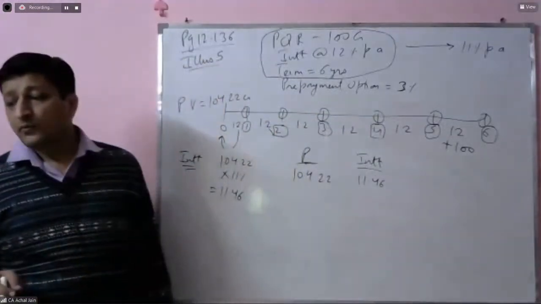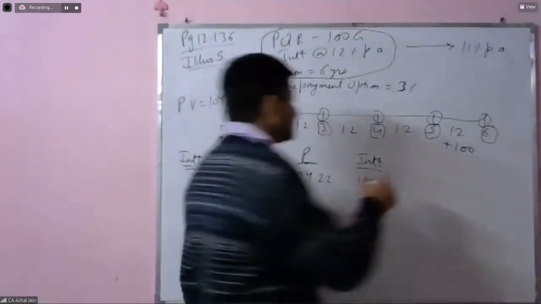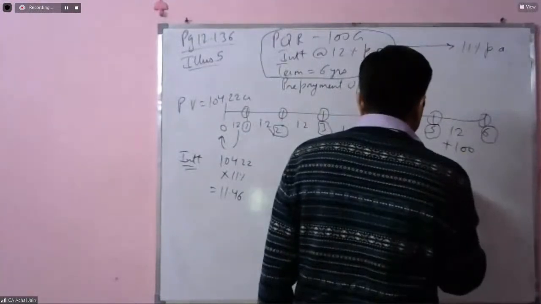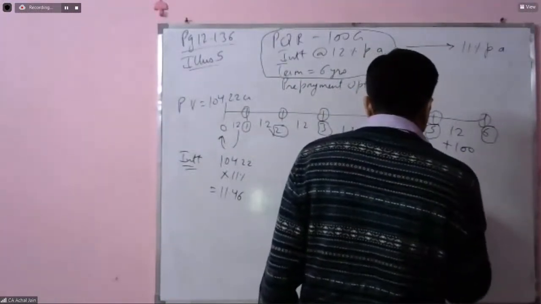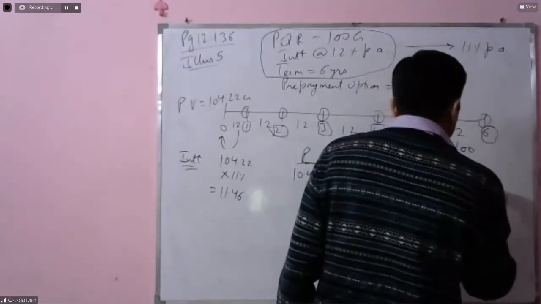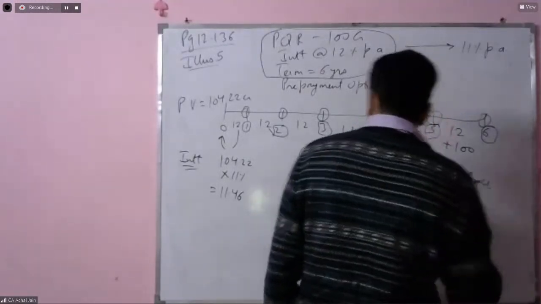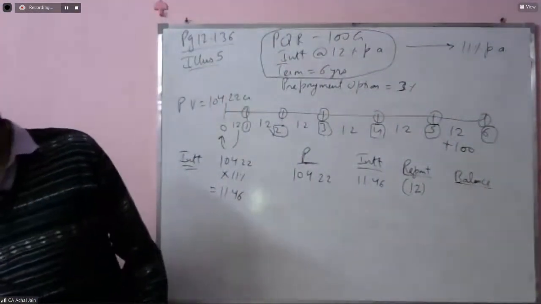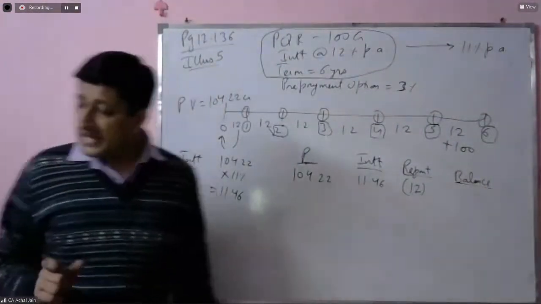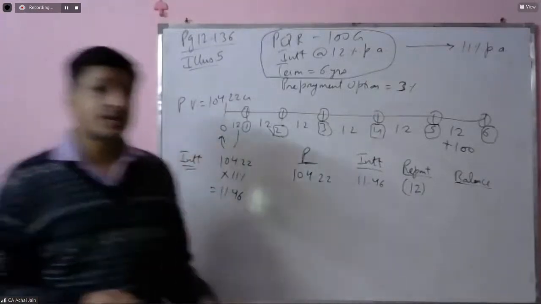In the first year, what has been the repayment? It's 12. So what's the balance? Can you all compute this balance and share with me? I'm getting this balance of 103.68.